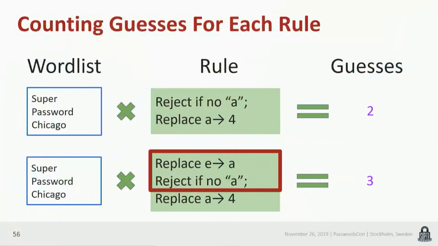So now anything with an E or an A in the word list will make a guess. And then you have some transformations that are adding or removing characters from the password, and you might have a rejection rule based on length. So you have to reason about how many things, once transformed in all these different ways, are still going to result in a valid guess.